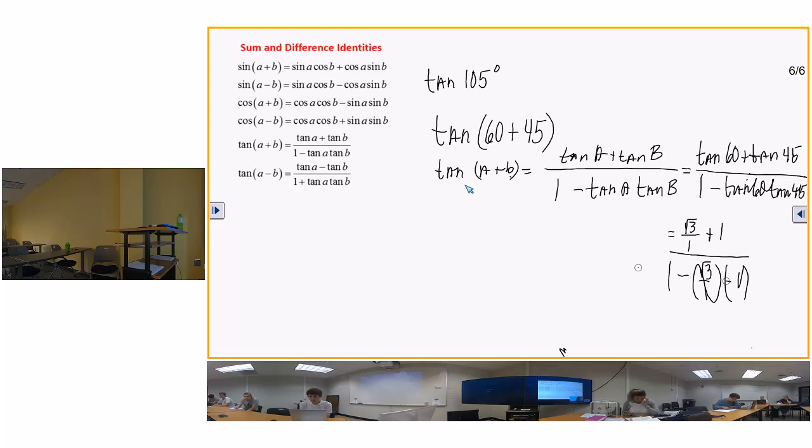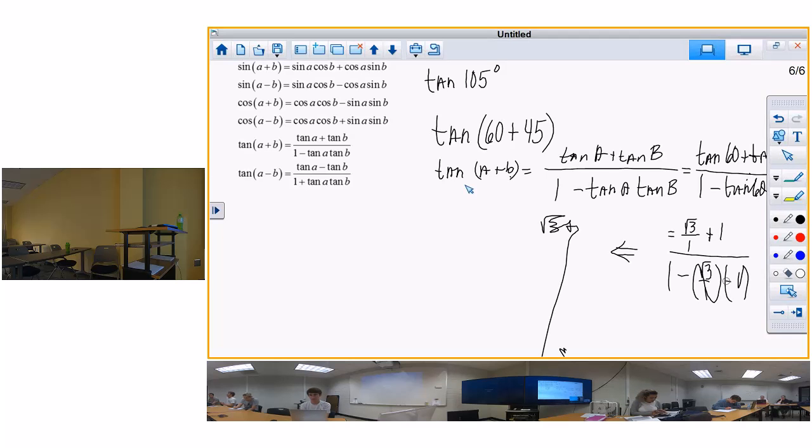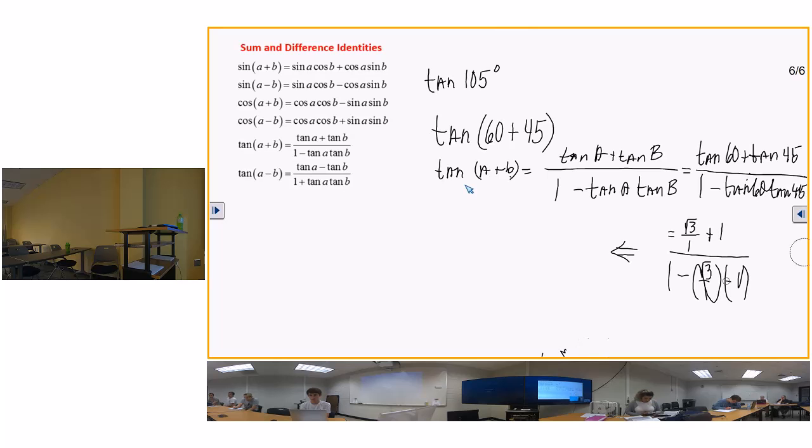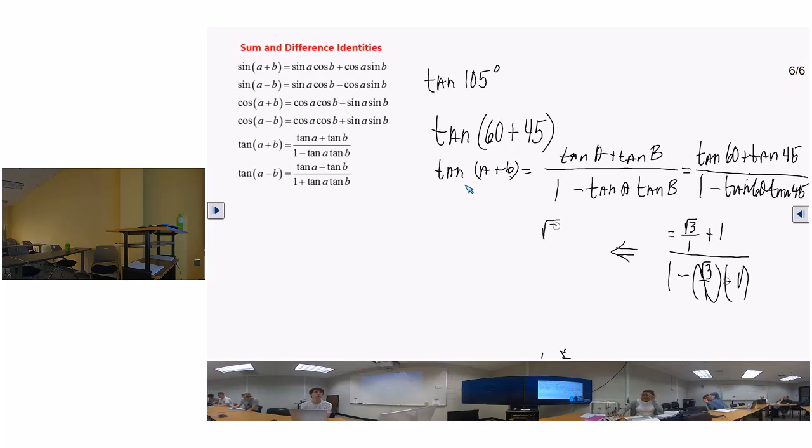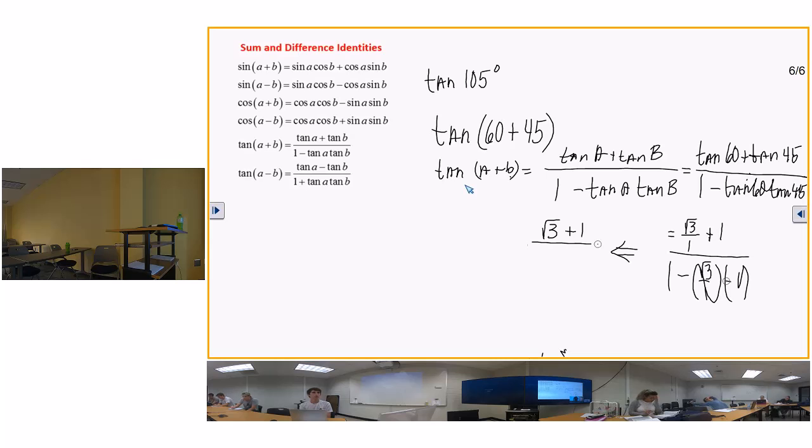So that's going to give us square root of 3 plus 1 over 1 minus square root of 3.